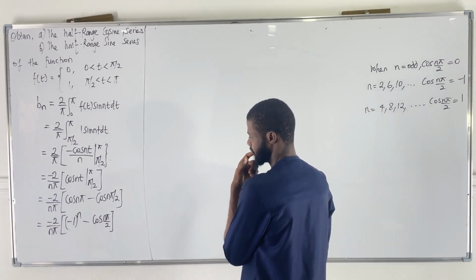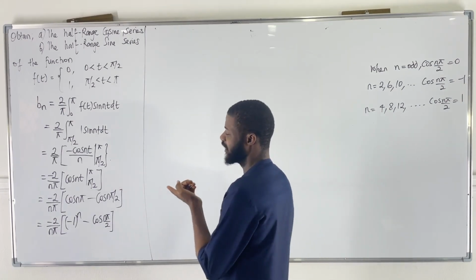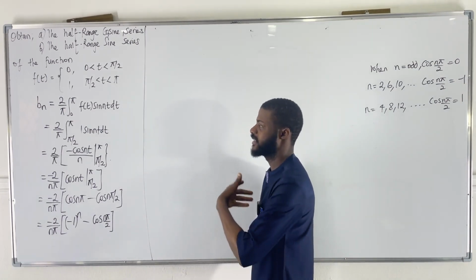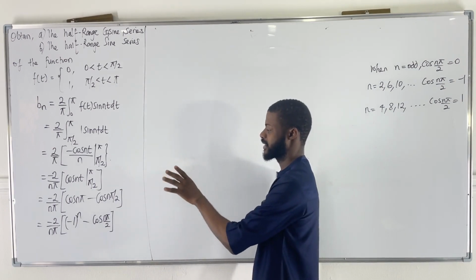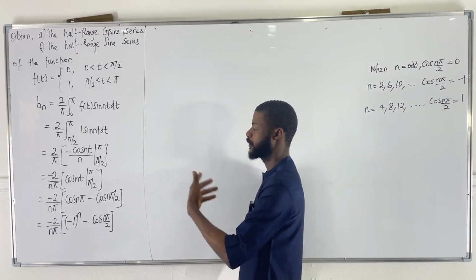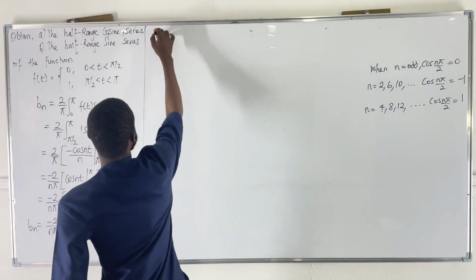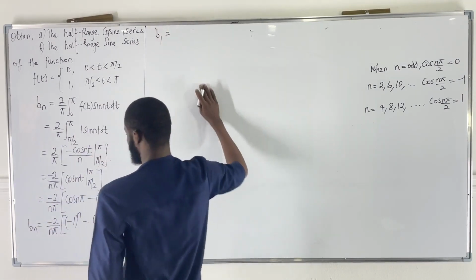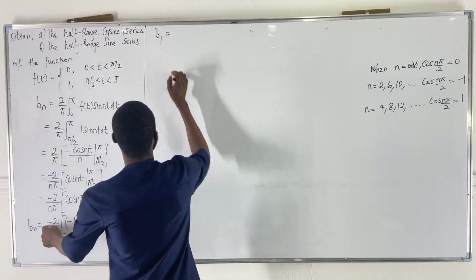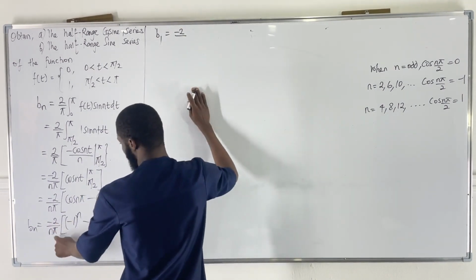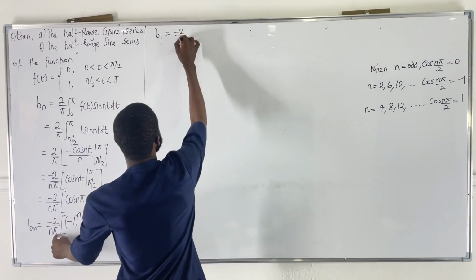Okay. So I can actually leave my answer like this, or I decide to find B1. So let me do that. Let me find B1, B2, B3, just like that. So this is Bn. Let me find B1. So B1 is minus 2 over, this will now become 1 pi, so that's just pi.